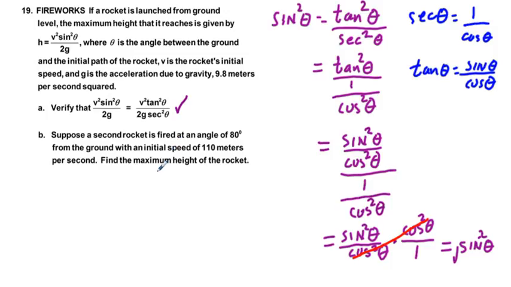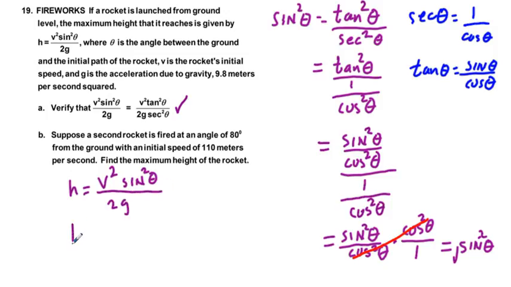Next, suppose the second rocket is fired at an angle of 80 degrees from the ground with an initial speed of 110 meters per second. Find the maximum height of the rocket. For part B, h is equal to v squared sine squared theta over 2g.